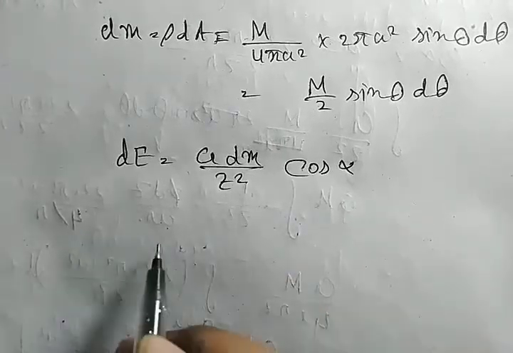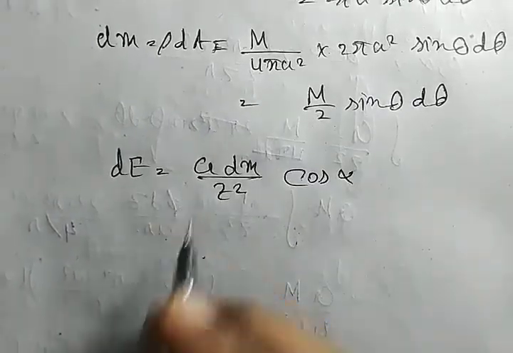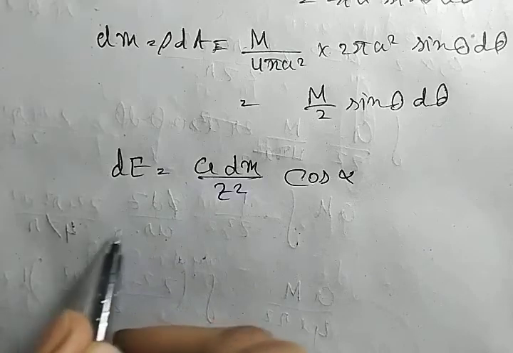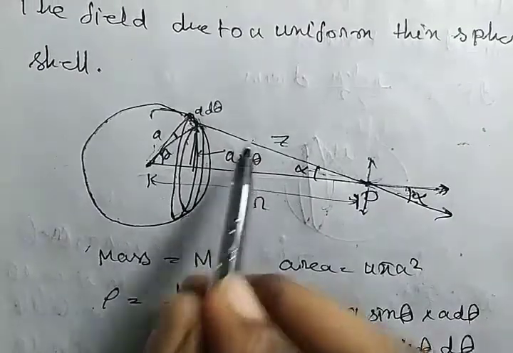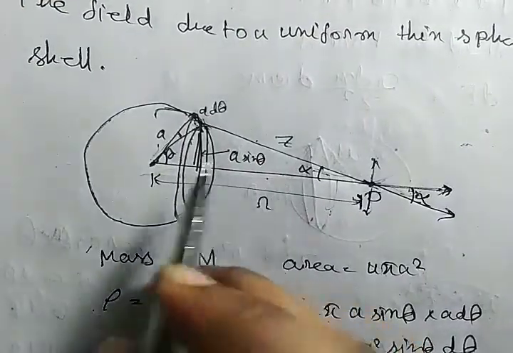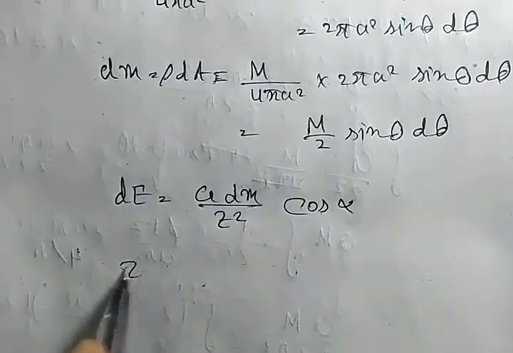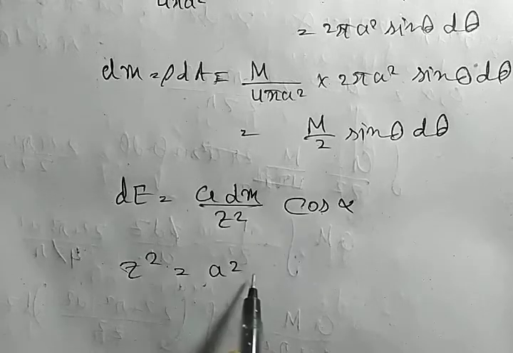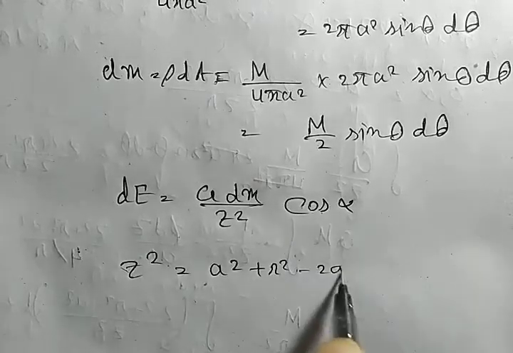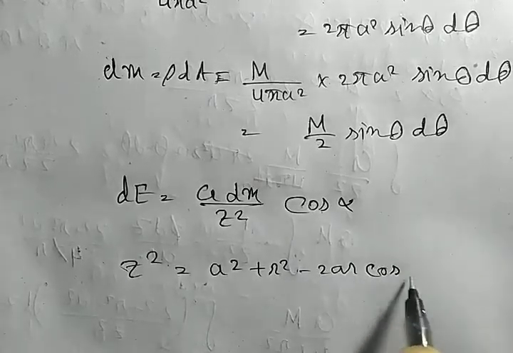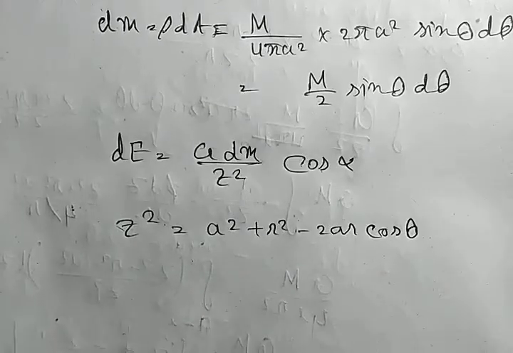Now first thing we'll do is express z in terms of a and r and the angle between them. z square equals a square plus r square minus 2ar cos theta.